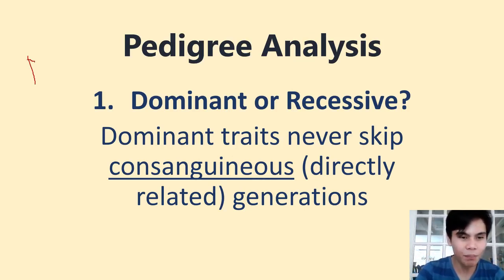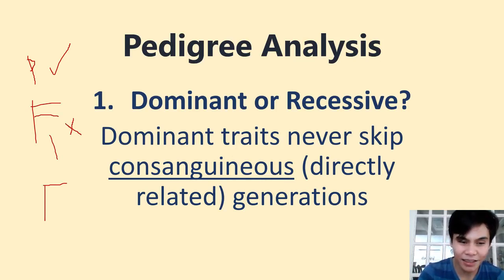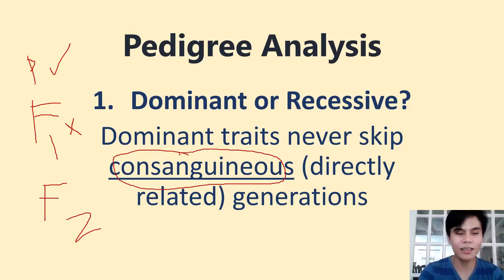Again, if in the P generation it's present, in the F1 generation it's absent, and then in the F2 generation it's present, and they're connected by lines of consanguinity, directly related to each other, just a continuous vertical line between these three generations, then you have what we call a recessive inheritance. That's just the first question.